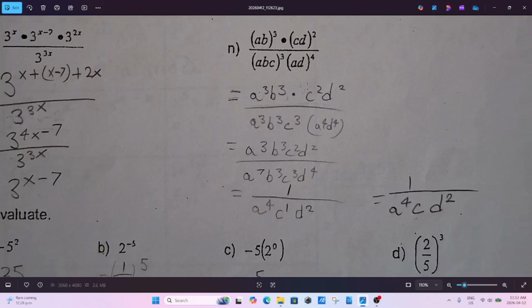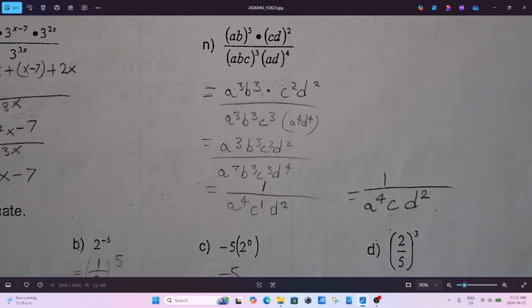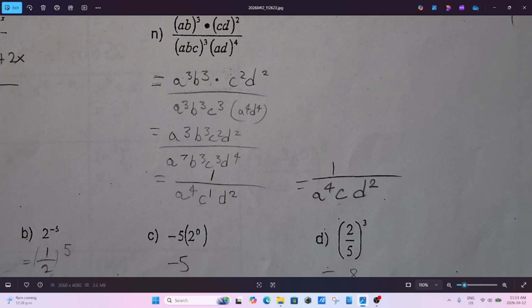And that is equal to 1 on the top there, because all the A's, there's only A to the 4 at the bottom. The B's, they subtract to 0, so it becomes a 1. C squared over C cubed gives you a C at the bottom, and a D squared at the bottom. And that is equal to 1 over A to the 4 times C times D to the 2.